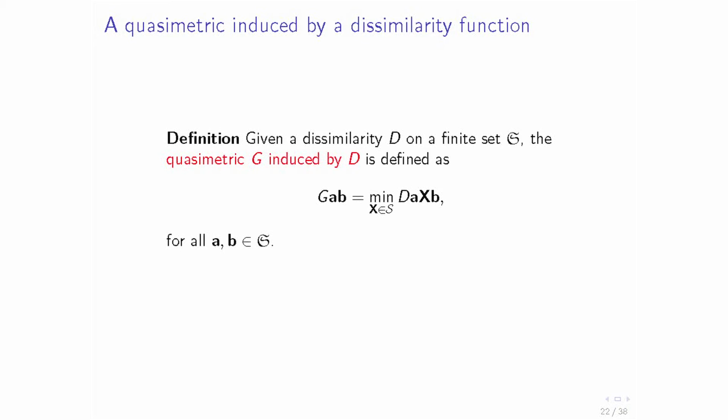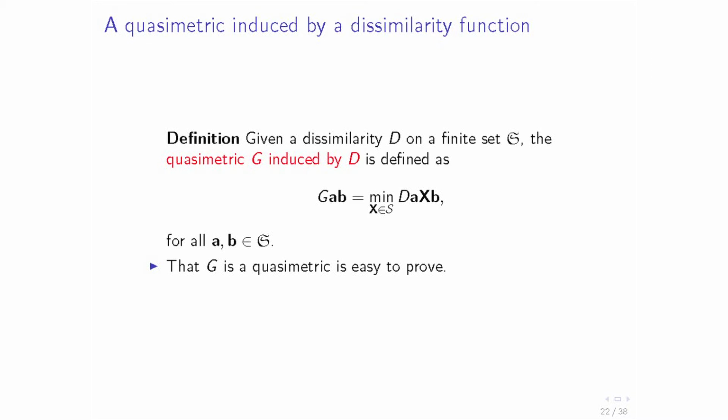Like here. So we will get all these summed-up dissimilarities from A to B, and we look at the minimum across all possible chains. And that gives us the quasimetric G induced by D. And then it is easy to prove that it is actually a quasimetric if we define it in this way.